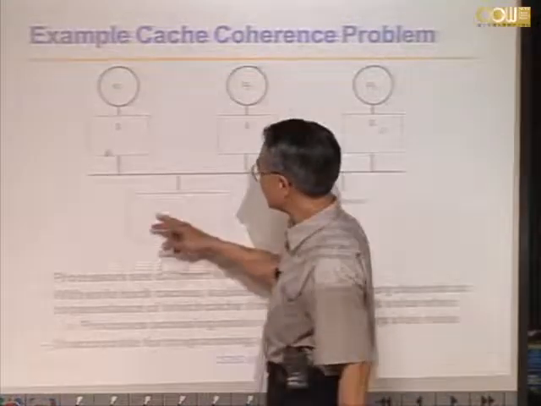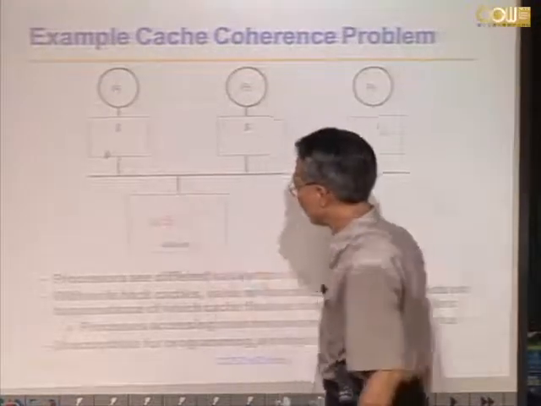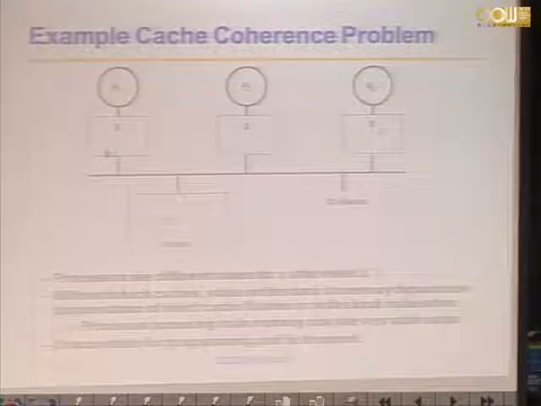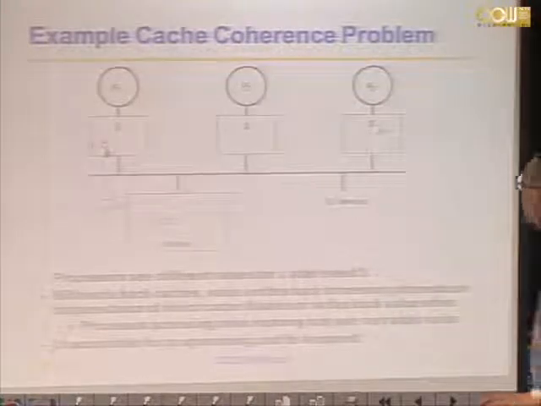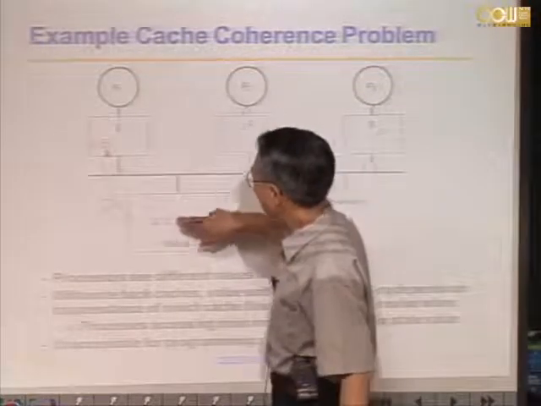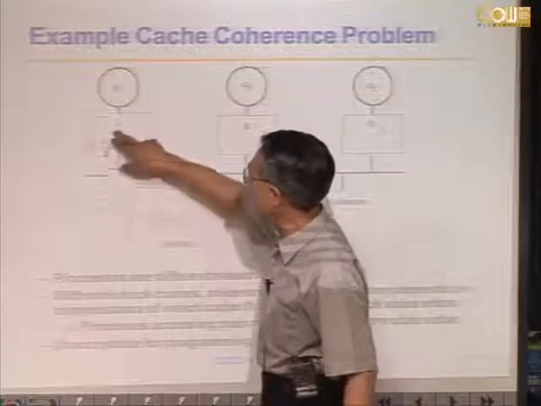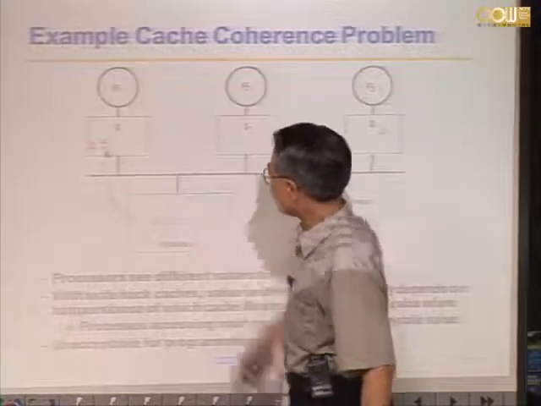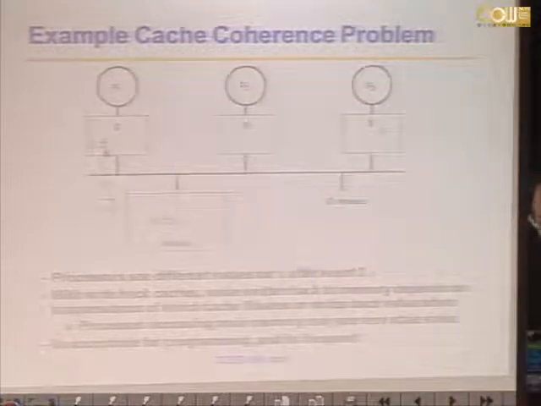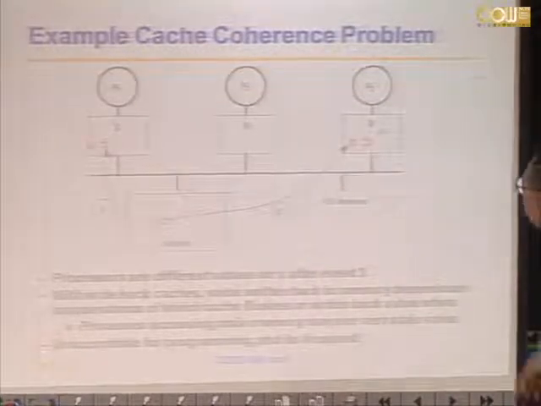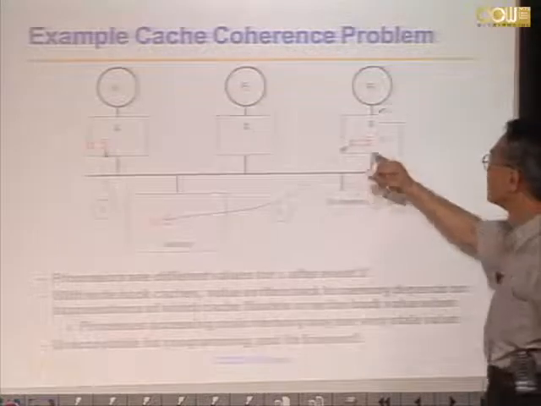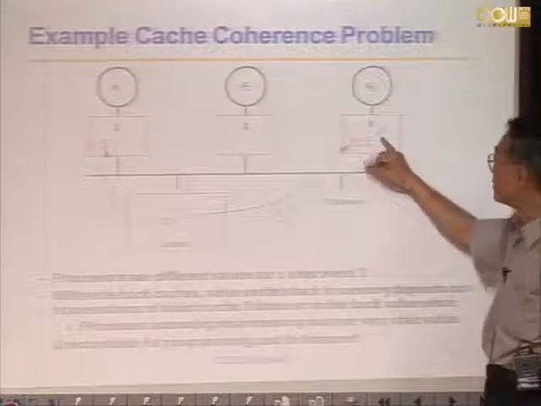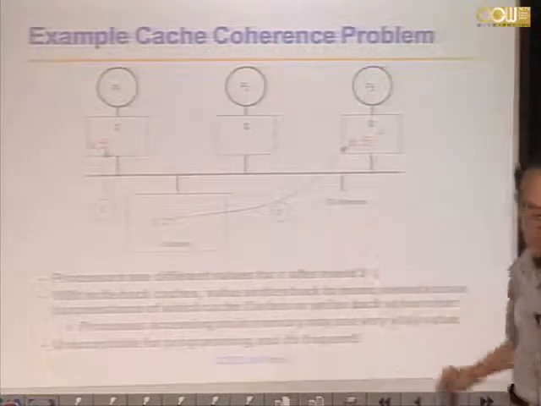Suppose location U stores the value 5, and then one processor wants to read U, so the memory sends U to the cache of that processor with the current value 5, and the other one also wants to read it. No problem. A read will not generate a new version of that variable.